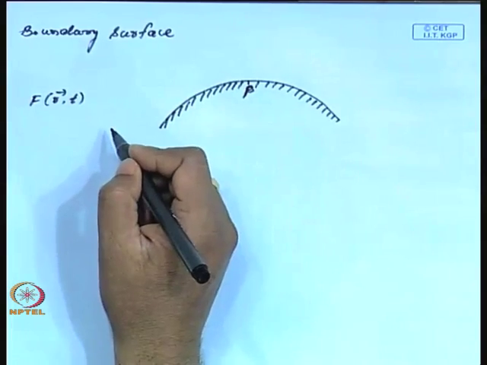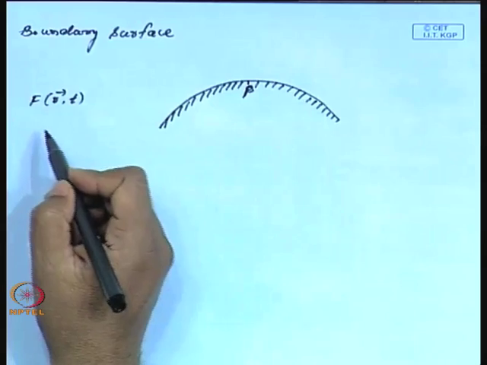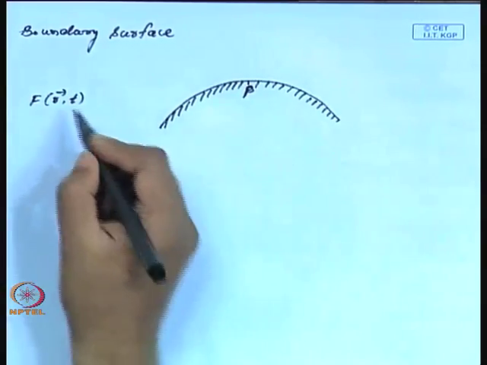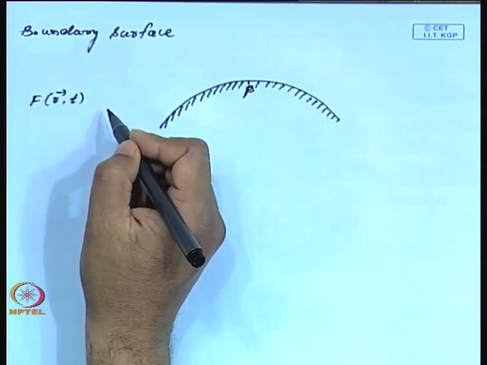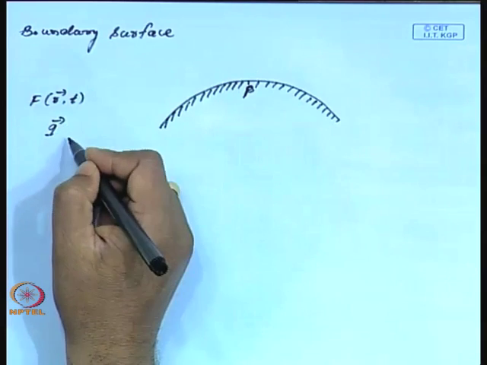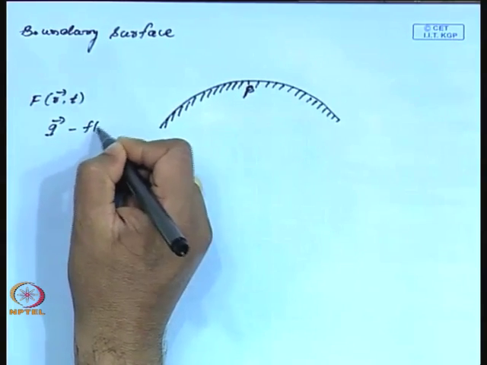P is a point here and f is the boundary surface, which satisfies f of r bar, t equals 0, where the fluid velocity is q bar.